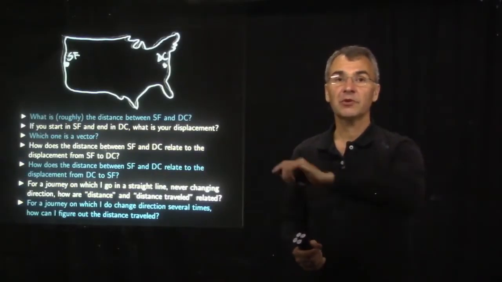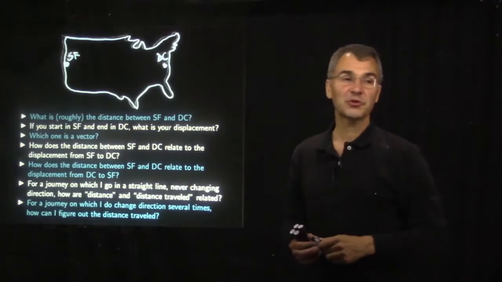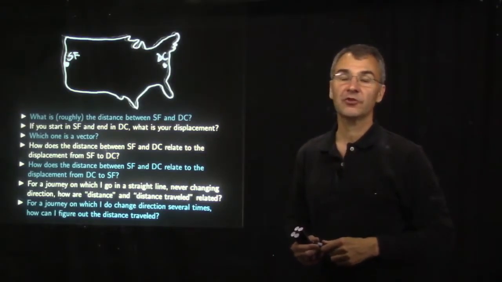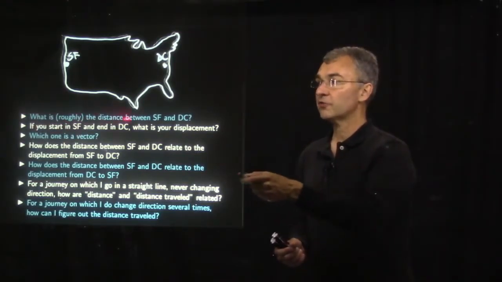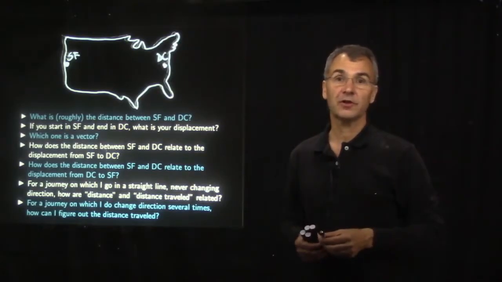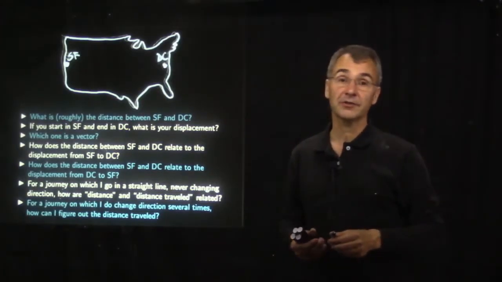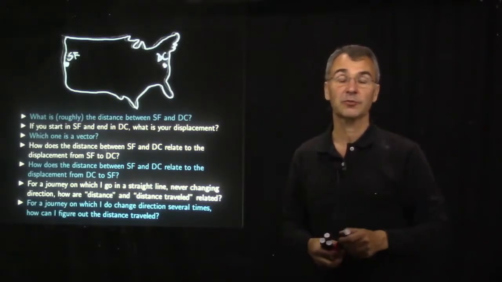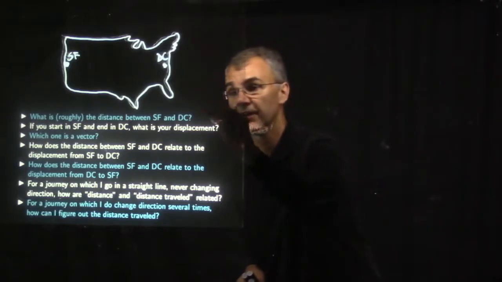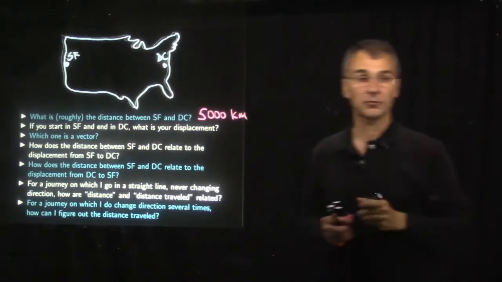For our next example, let's use my sort of crude map of the United States, and let's say we're traveling back and forth between San Francisco and Washington, D.C. So what is roughly the distance between San Francisco and Washington, D.C.? Well, I think it's about 3,000 miles, which turns out to be about 5,000 kilometers. Since we like metric units in this course, let's say it's about 5,000 kilometers.